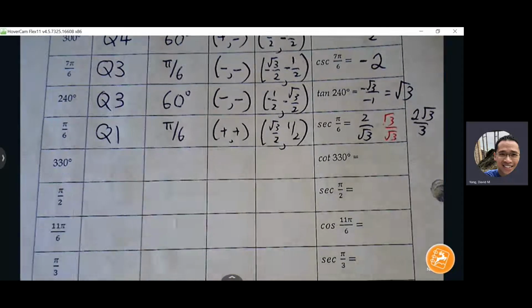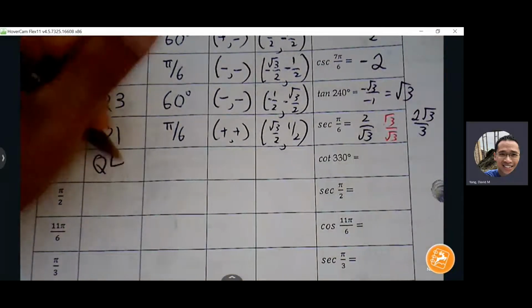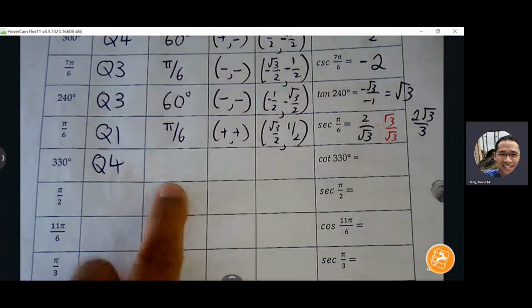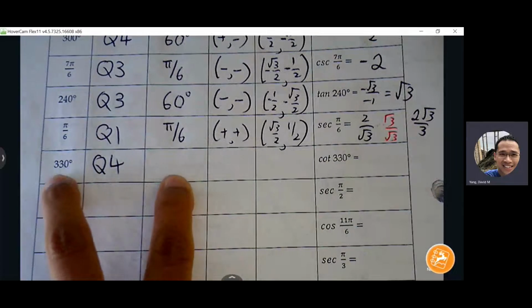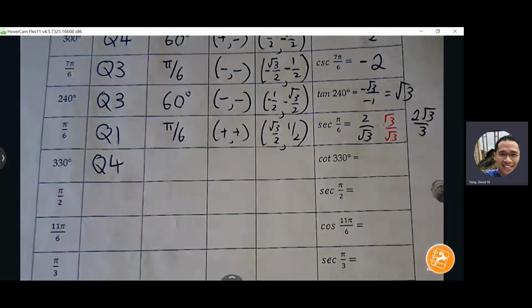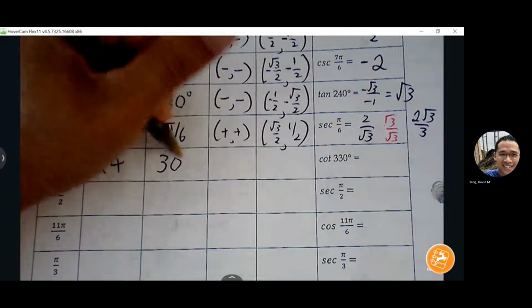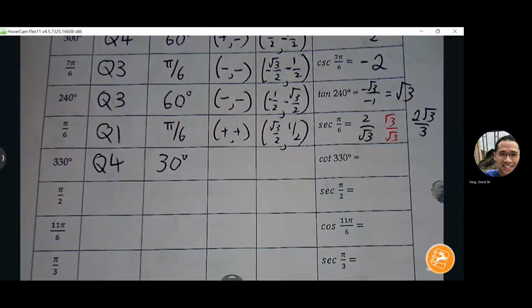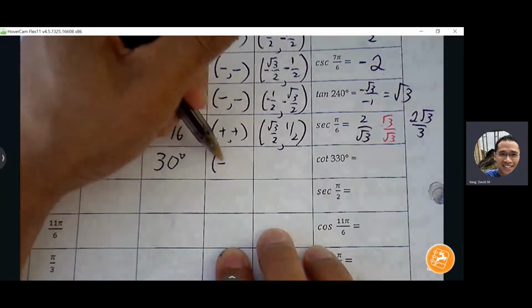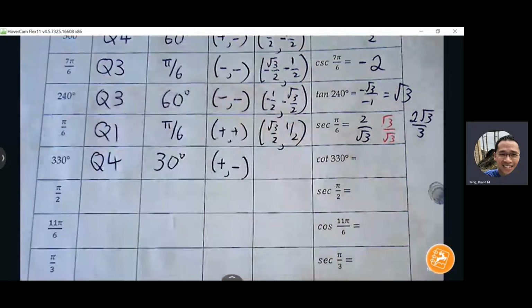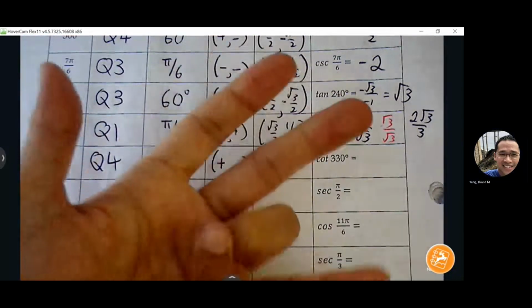Okay, 330, which quadrant? Quadrant 4. Reference angle? Yep, you've got to involve 360, right? Because you're all the way in the fourth quadrant. Quadrant 4, ordered pair is positive, negative, 30 degrees.